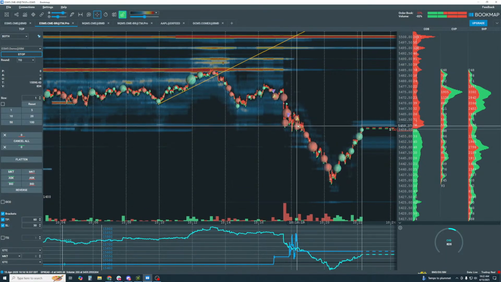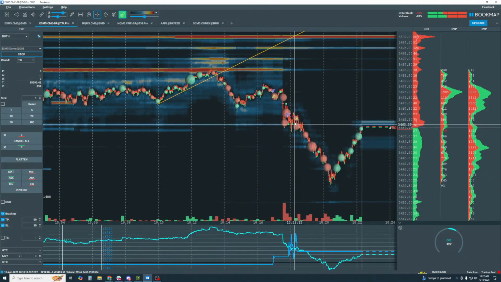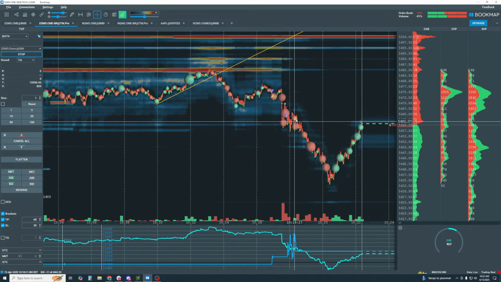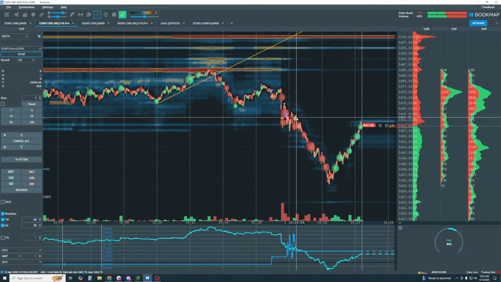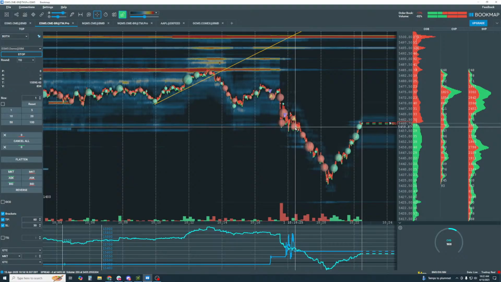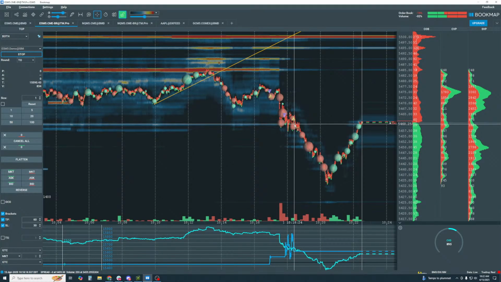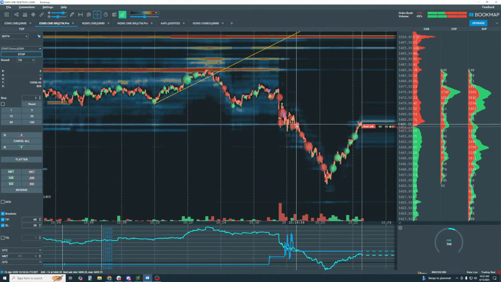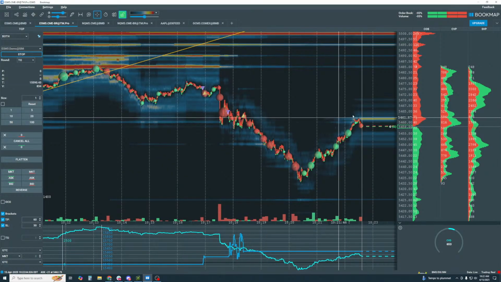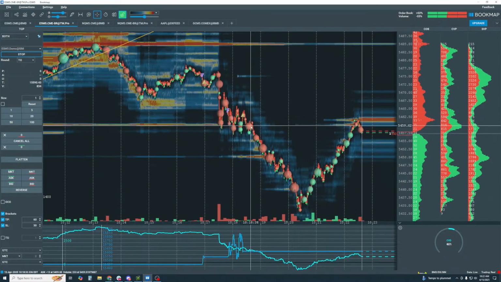So coming back to the cluster in here where we saw that little double bottom that kind of shook me out of it, and then we got a really nice move afterward. We're coming right back to that cluster though. We can look for exhaustion up here, or maybe we'll trade through.